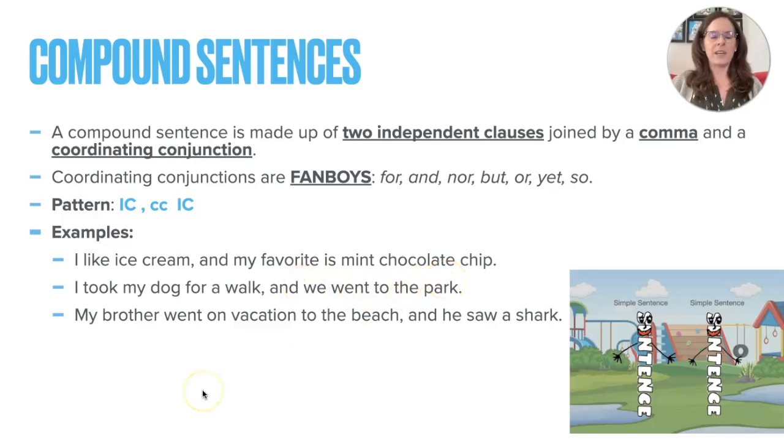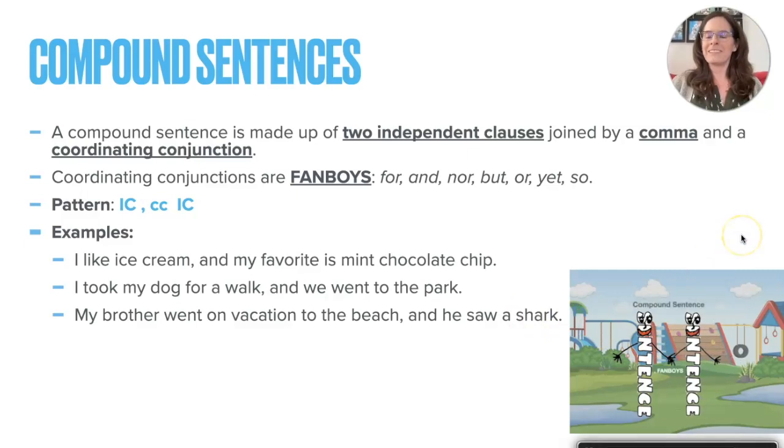And then the last one, my brother went on vacation to the beach, and he saw a shark. So there's your first independent clause, comma, coordinating conjunction, another independent clause. I made this little GIF down here. You can see the sentences. So two simple sentences joining together using the fanboy and a comma make a compound sentence.